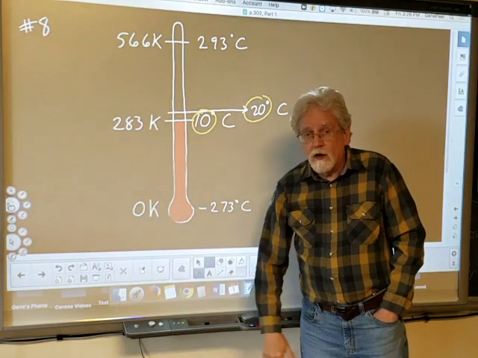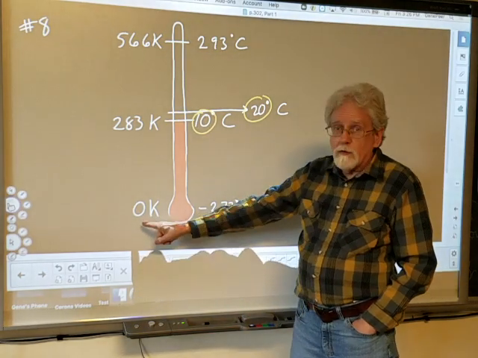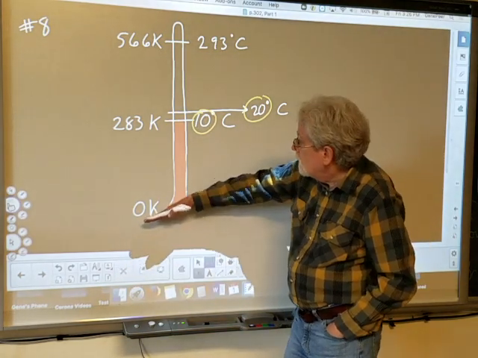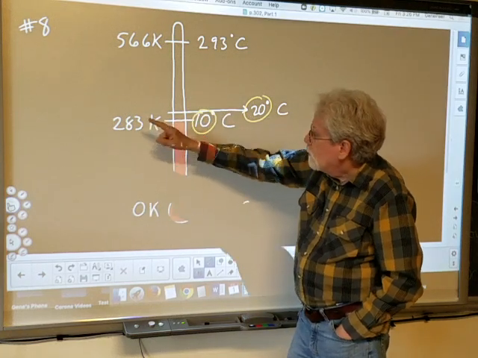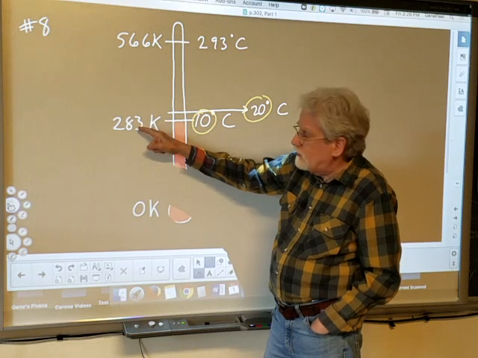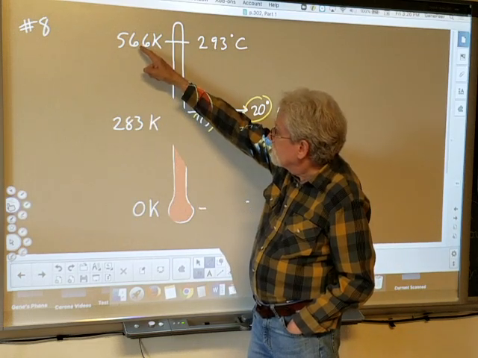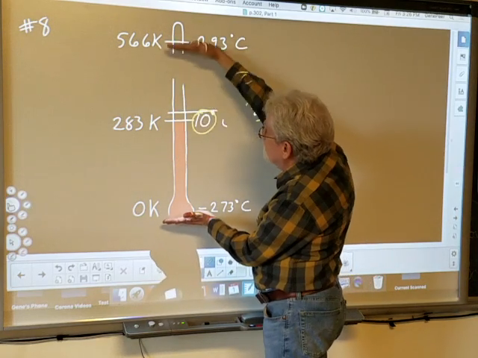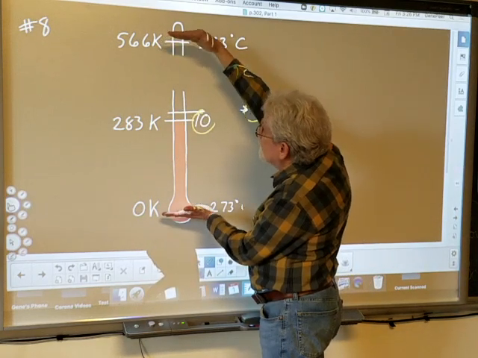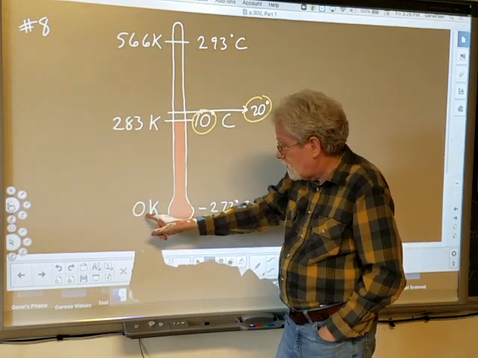However, on the Kelvin scale, where absolute zero is zero, if you're at 283 Kelvin or 10 Celsius, what happens when you double the Kelvin number from 283 to 566? Are you then doubling the internal energy? Yes, you are. The Kelvin scale has some real meaning because it starts with zero energy.